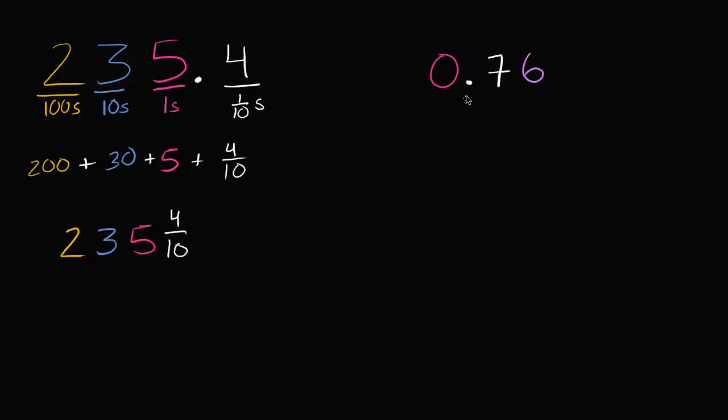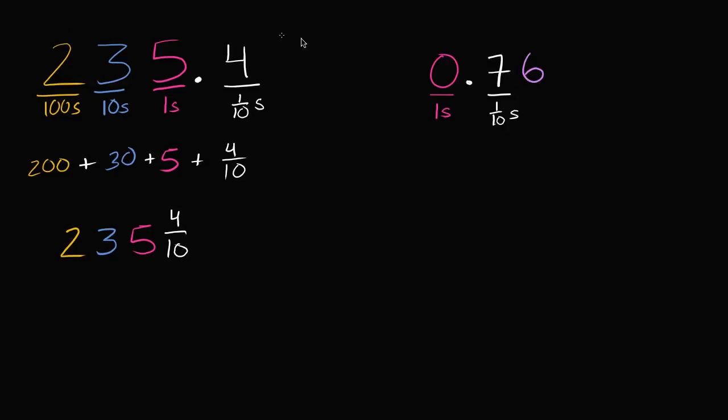Let's just think about the place value. We have our decimal point. To the left of the decimal point is the ones place. But I have a 0 there, so this is 0 ones. Now I have 7 tenths, so this is the tenths place. And then the place to the right of that, we're going to divide by 10 again. So this is going to be the hundredths place.